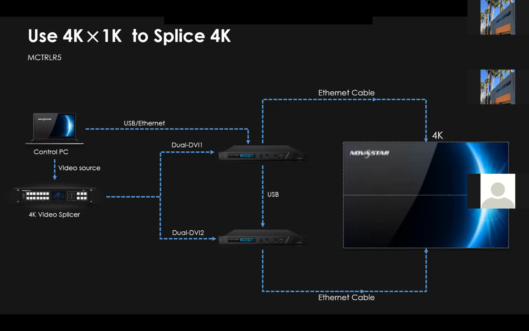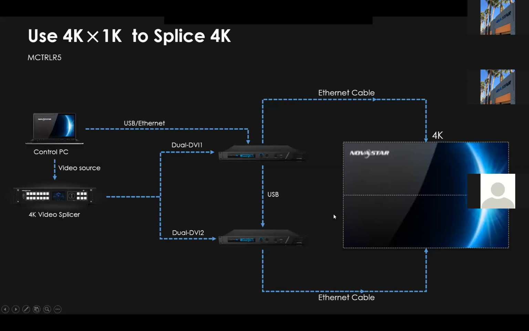If we use two pieces of M control R5, we need to divide the screen into two parts, and each part uses one M control R5 to load a resolution of 4K by 1K. This time we need to use the USB cable to cascade those two pieces of M control R5 in order to control them together. Regarding the video source, we need a 4K video splicer which supports two synchronous dual-link DVI outputs to each M control R5.